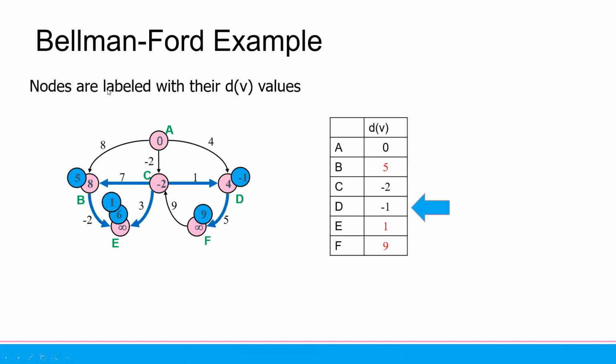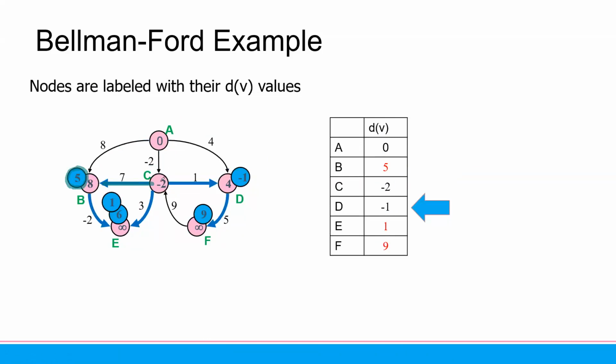We will start with C and then check all the possible edges. So this one we'll check from C to B. Minus 2 plus 7. Now it will be updated to 5.